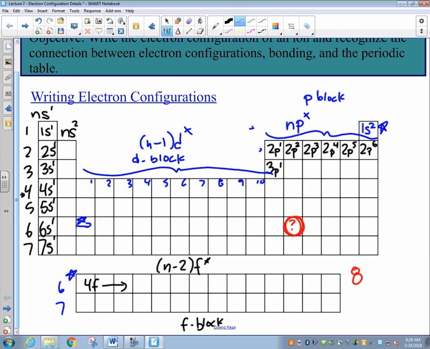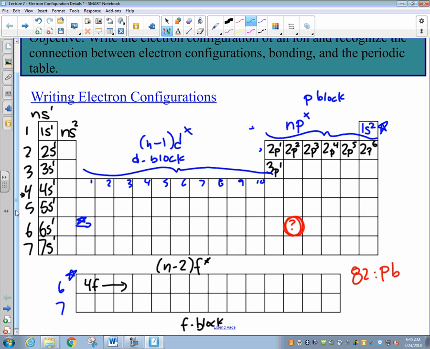Rather than going through and trying to count up 82 electrons in my Aufbau process sheet, which would be an enormously painful process, which we've already had you do a couple of times, instead I'm just going to read this electron configuration off of the periodic table, starting at the very top, Aufbau from the ground up.